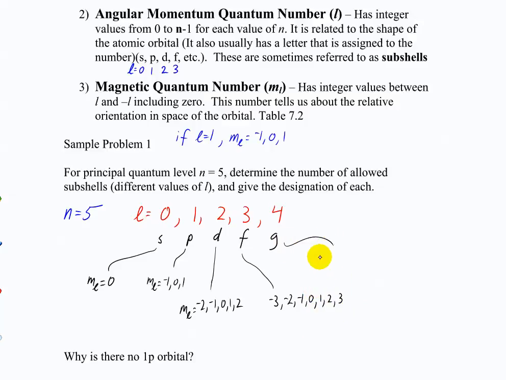And G, you have 9, going from -4 all the way to +4. So there are 5 subshells and this many, whatever that is, orbitals in the n = 5 shell.